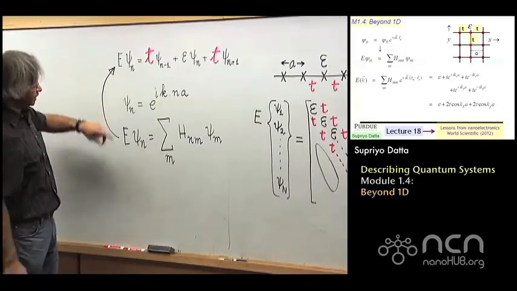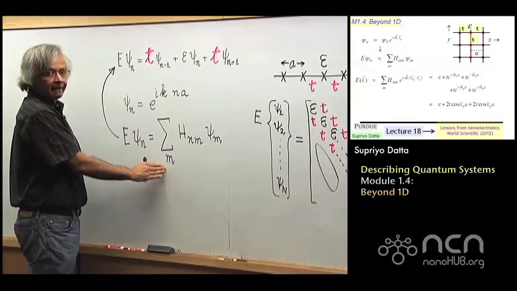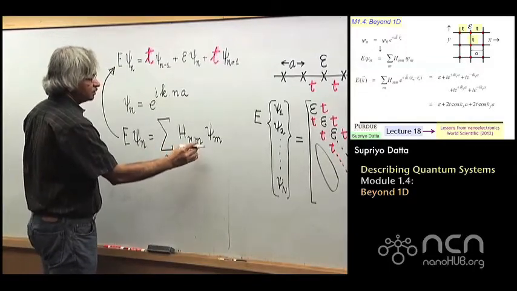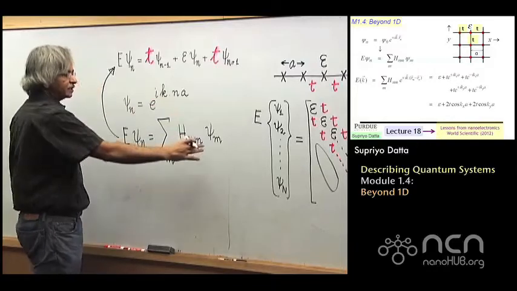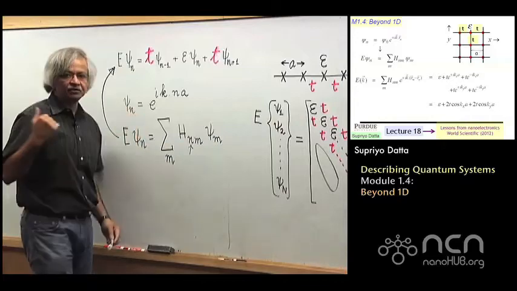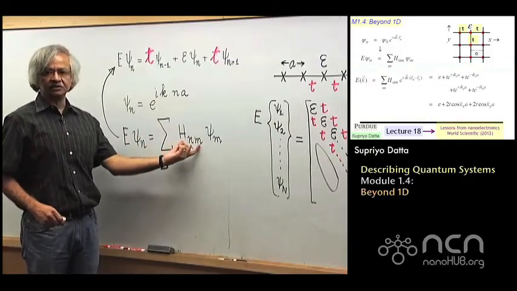Why is that? Well, because let's look at this, E psi n, and then I have to sum over m. What that means is, given any n, I should be changing m over all its allowed values. But then there are only 3 values of m for which this quantity is non-zero.